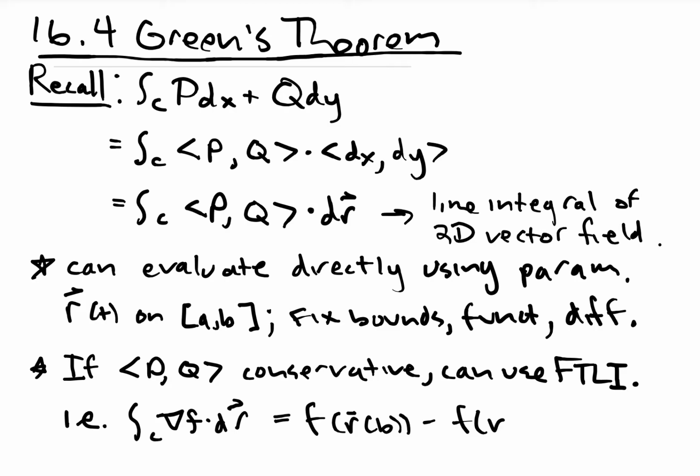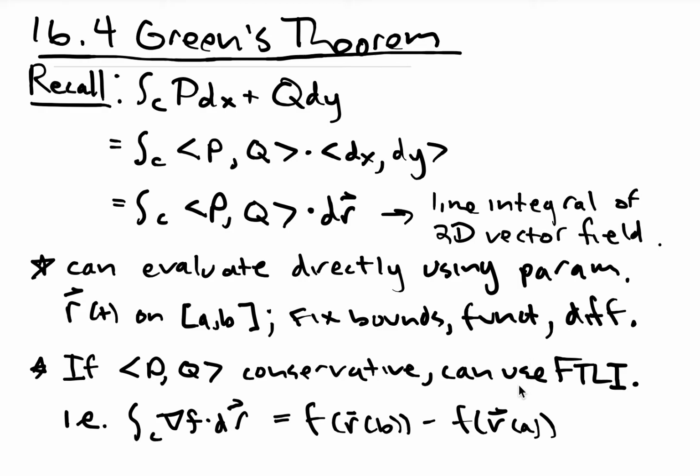So when I say f of r of b and f of r of a here, we're dealing with the same type of parameterization we had before for a curve. r of b just means where C ends, and r of a just means where C starts. So this is an alternate way that we could evaluate if we have a conservative vector field.